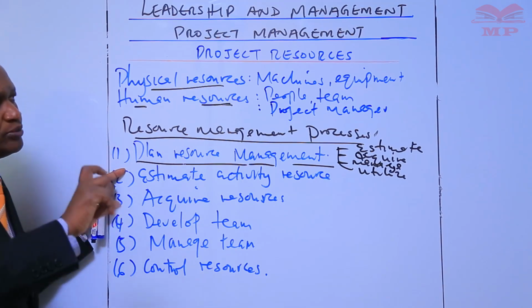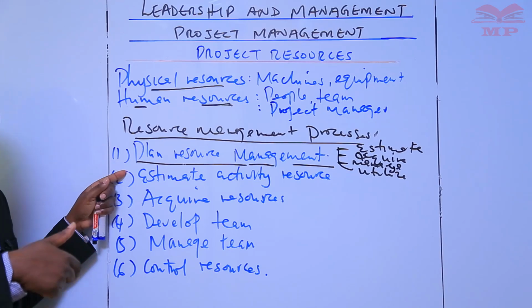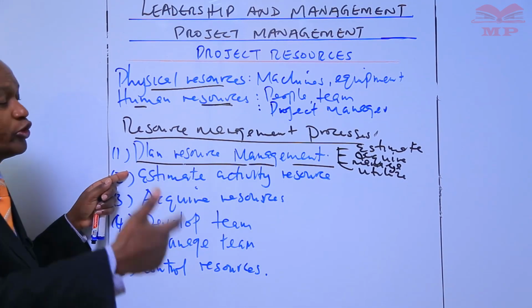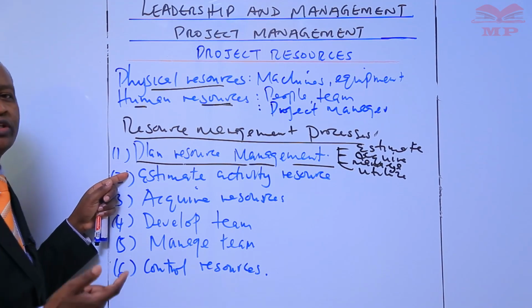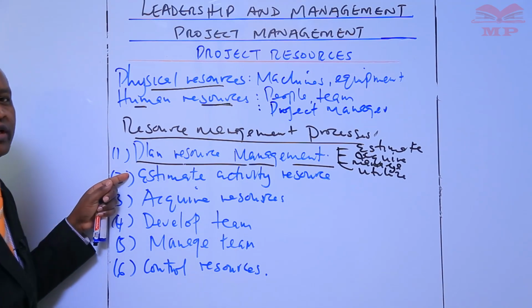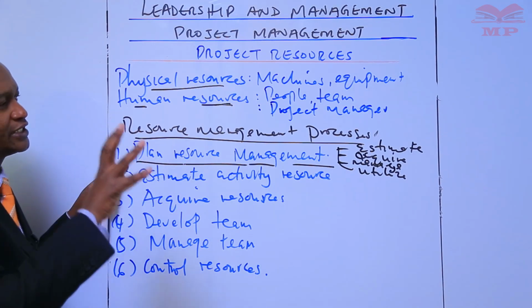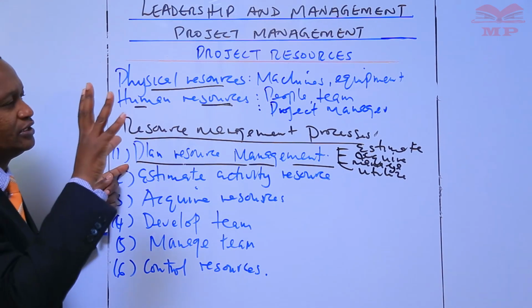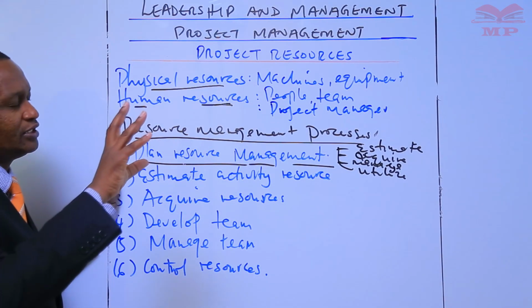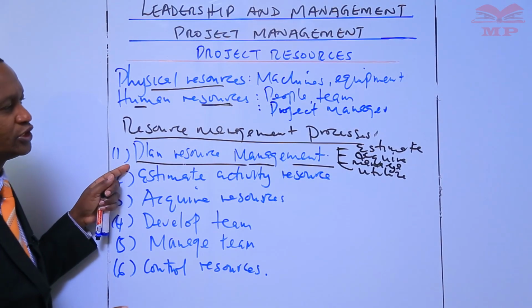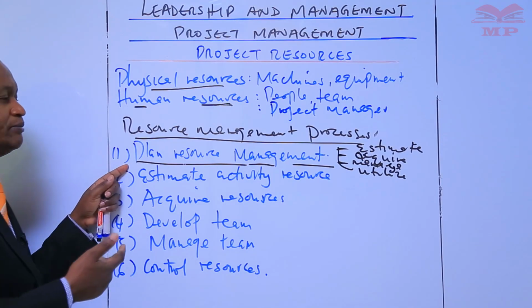And the resources we know can be obtained from the internal assets or can be obtained from outside the organization through a procurement process. And we know, again, candidates, that other projects may also be competing for the same resources required for the project at the time and location. If a company undertakes a project, the project may require the input of the company accountant, for example, to help in costing and preparation and maintenance of records.